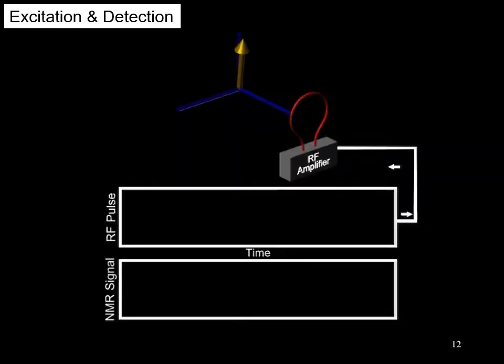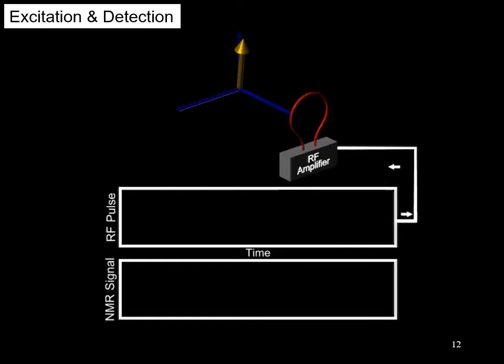This next video will demonstrate how the excitation and detection processes are put together. In this example, the coil of wire is used as both a transmitter and as a receiver. However, the processes can be separated.